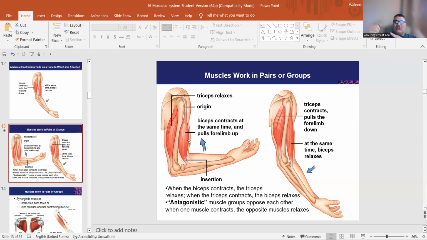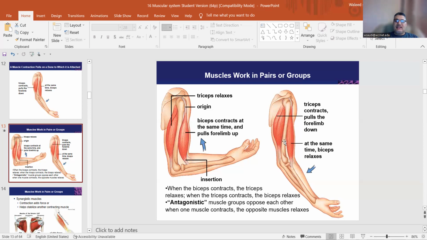But there is also another type of muscle that's called the helper. This is the biceps. There is another muscle underneath that's helping the biceps. So in this scenario, the biceps here is called the prime mover, the main one. The one that's underneath, brachialis, for example, is helping the biceps, supporting the biceps.